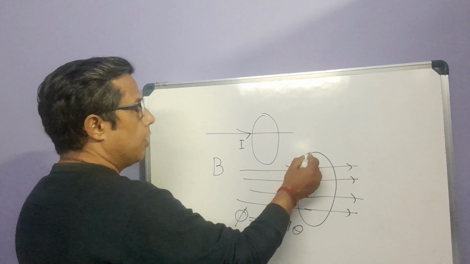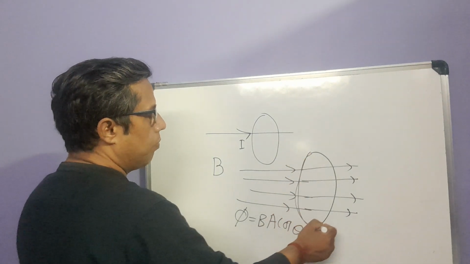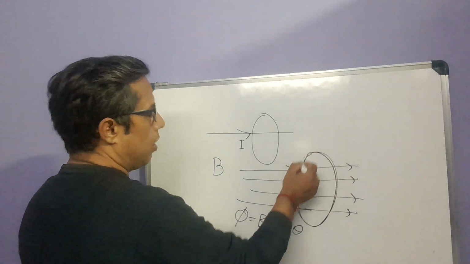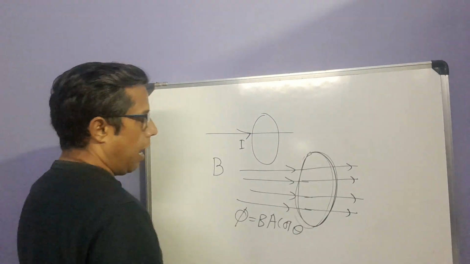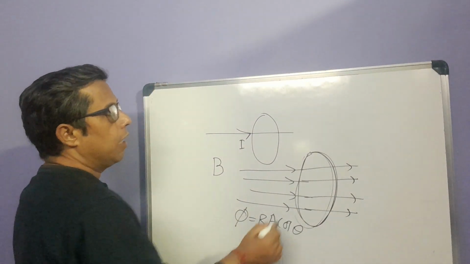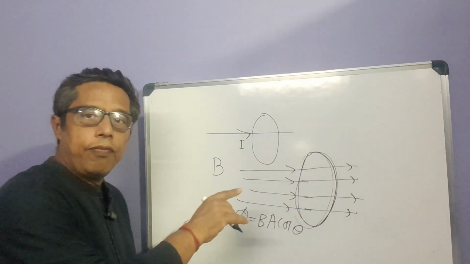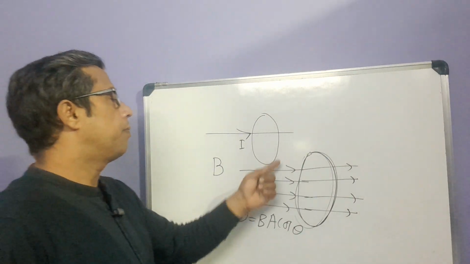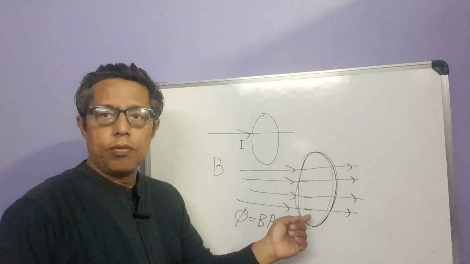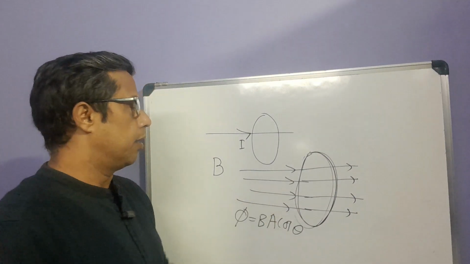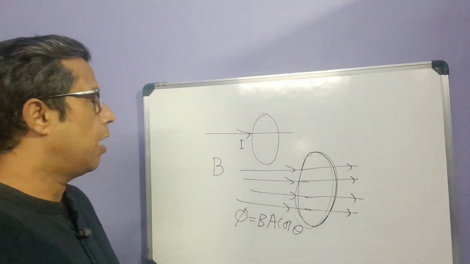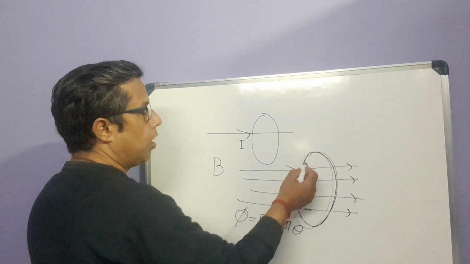So what is A? A is the area of this particular wire, and theta is the angle between the magnetic field and this particular coil, a particular conductor. This angle is very important.